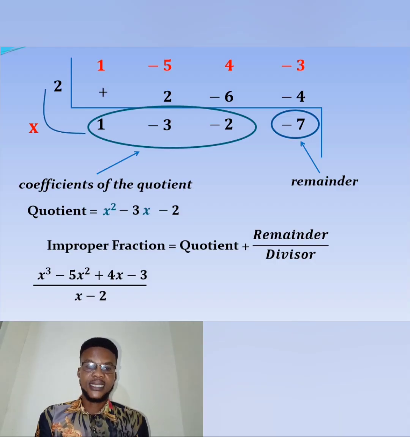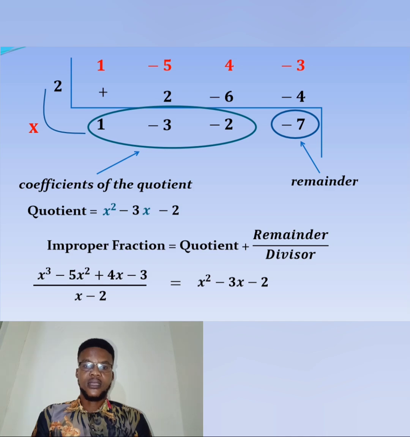So you realize that the highest degree of the dividend is 3, and the highest degree of the divisor is 1, and that makes it an improper fraction. This is how we write the improper fraction.